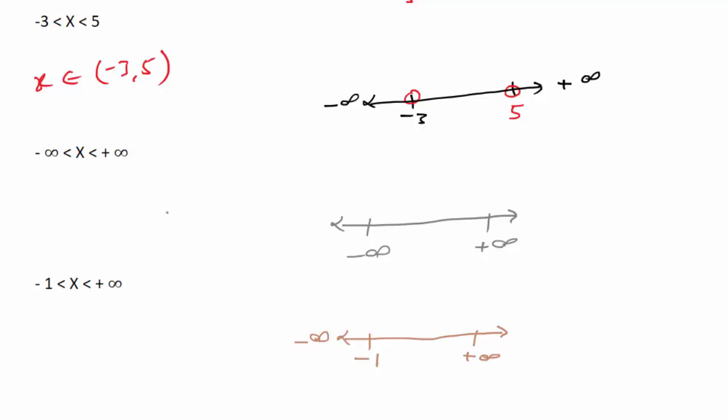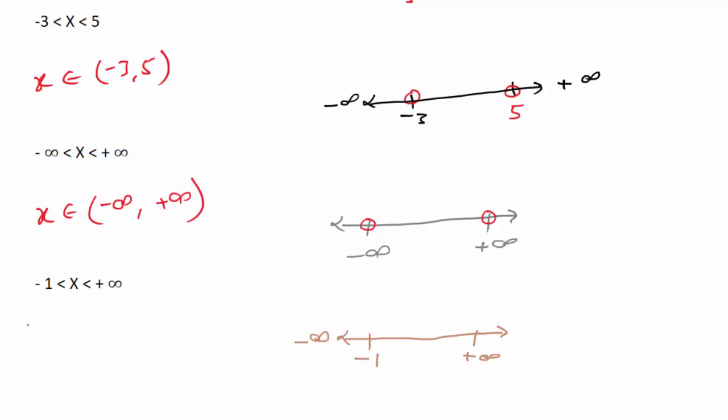Similarly, the next example says that x is greater than minus infinity and less than plus infinity. So we will put a hollow circle on both the ends, and in the set interval format we will write x belongs to an opening round bracket on minus infinity and a closing round bracket on plus infinity.